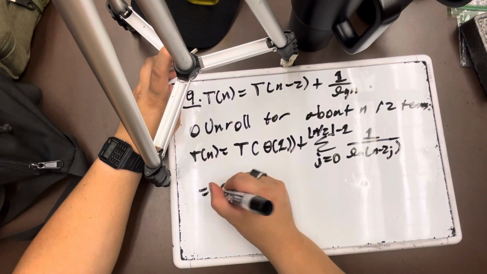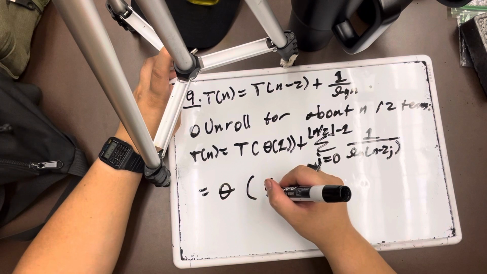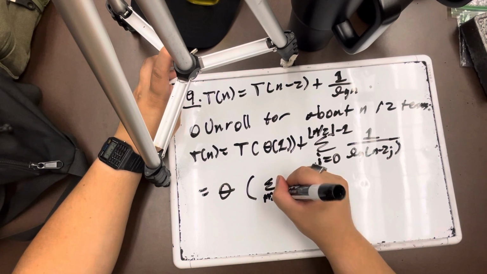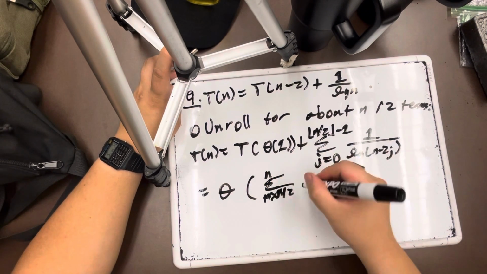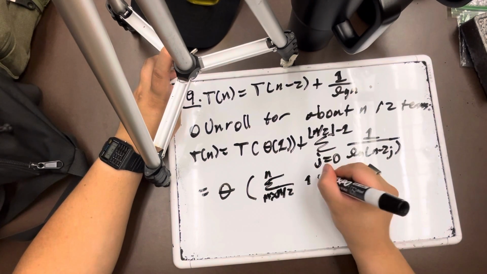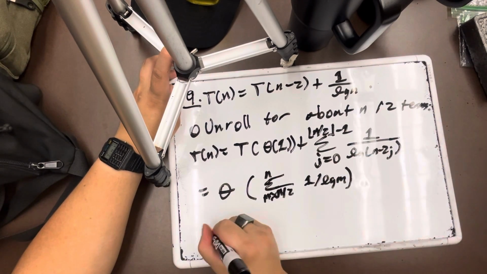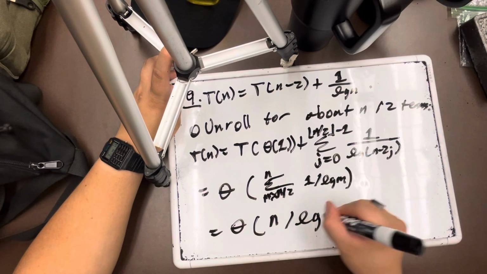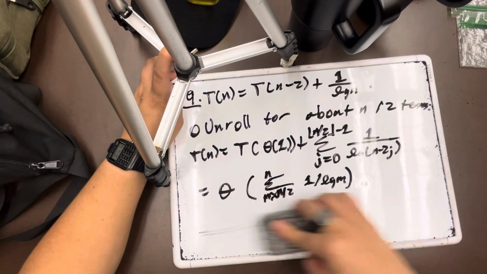Well, this is equal to Theta of the sum over m roughly equal to n divided by 2 to n of 1 over log m, and this is actually equal to Theta of n divided by log n, which is what we want. And that is it for part 9. Now let's move on to part 10.